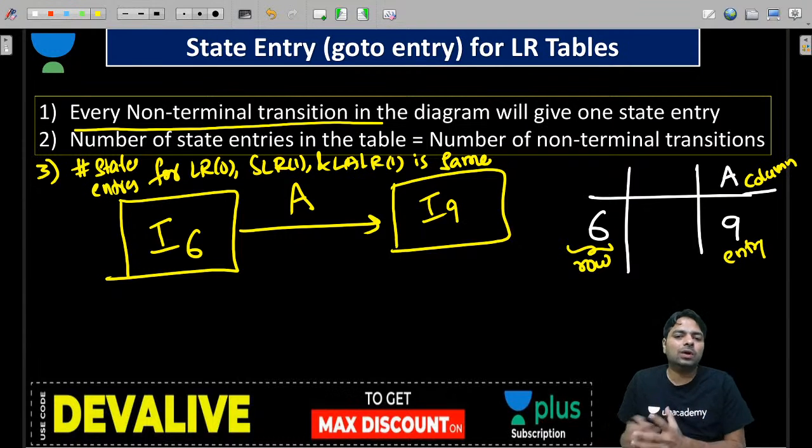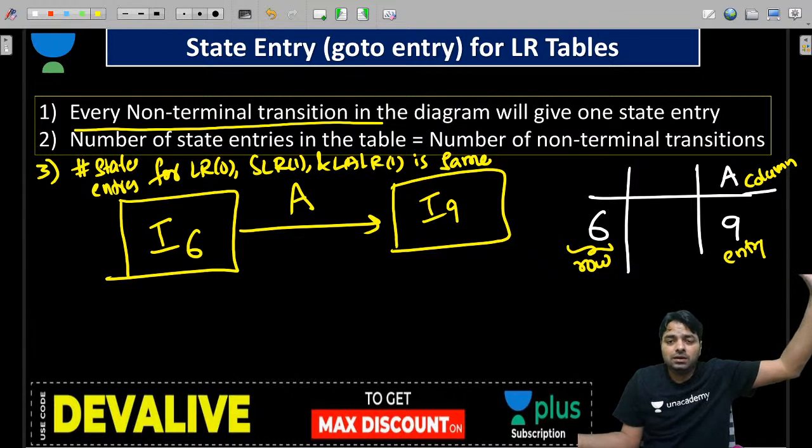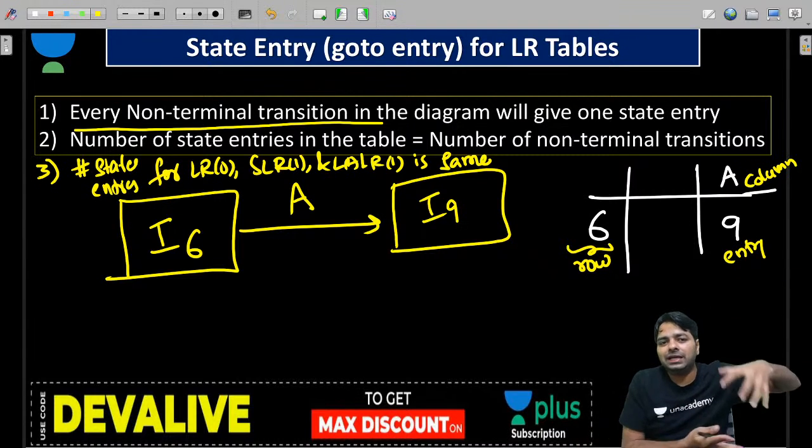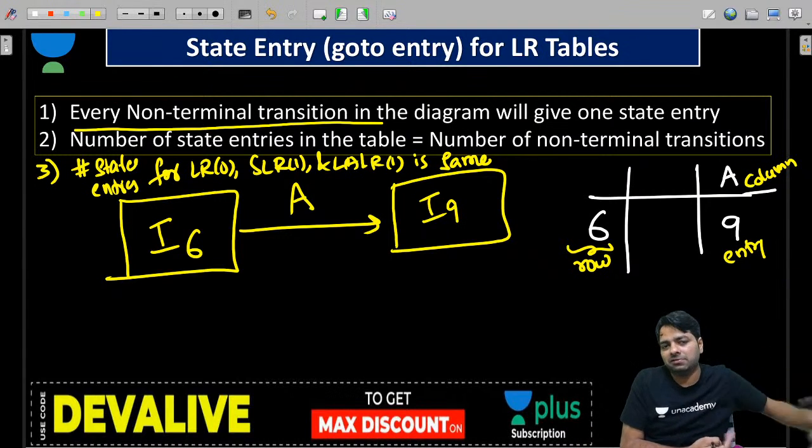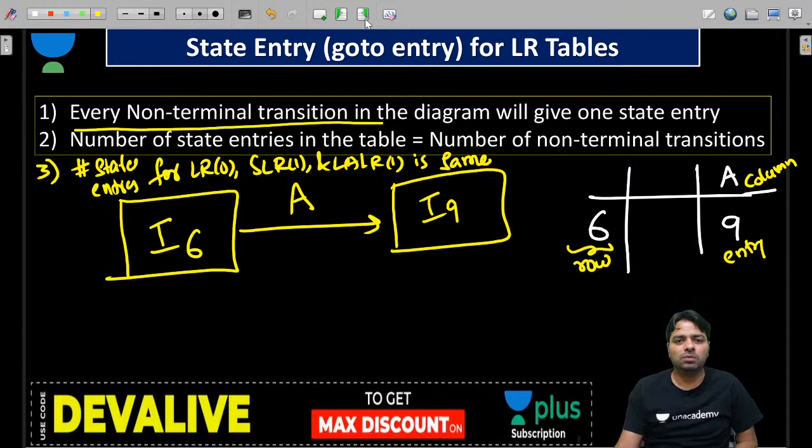Only in CLR1 you may have more or less, because the CLR1 diagram could be bigger, right? But when you combine LALR1, you will get the same number of states as LR0 and SLR1. Okay, now let's move on. Remember this point.